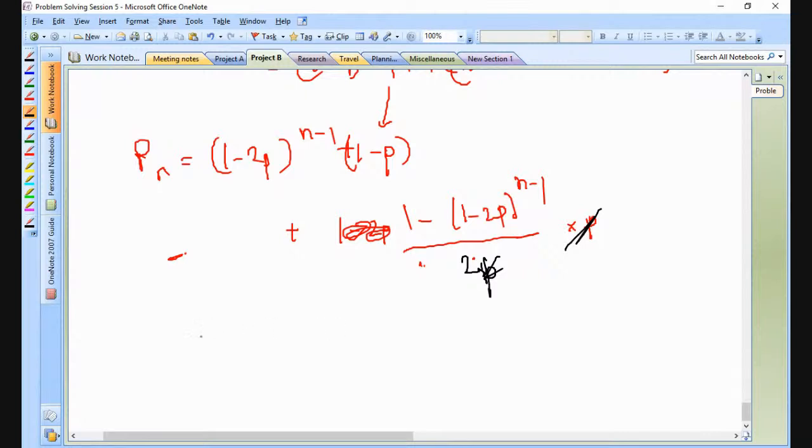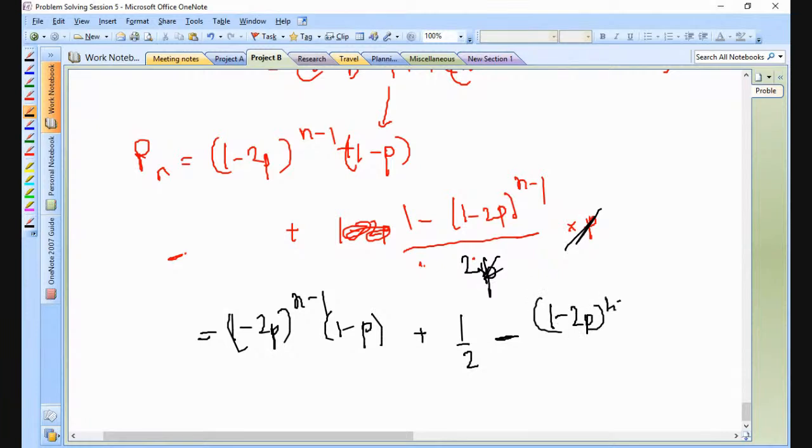So you get 1 minus 2P whole to the power n minus 1 into 1 minus P plus half minus 1 minus 2P whole to the power n minus 1 by 2.